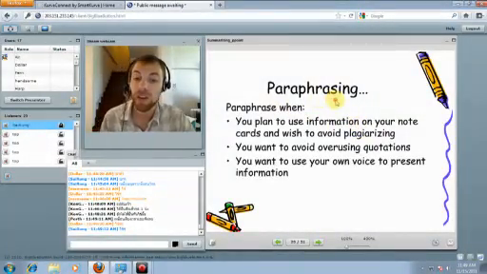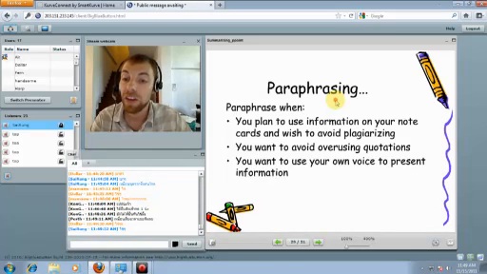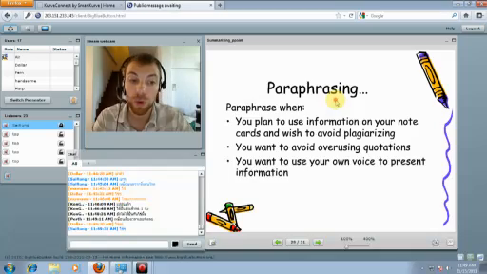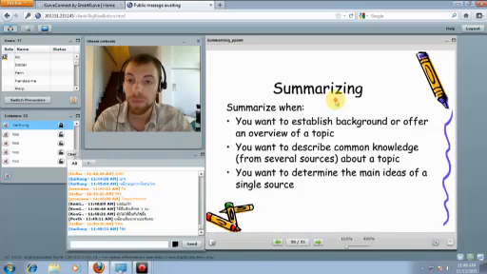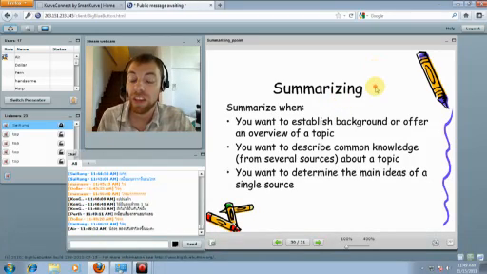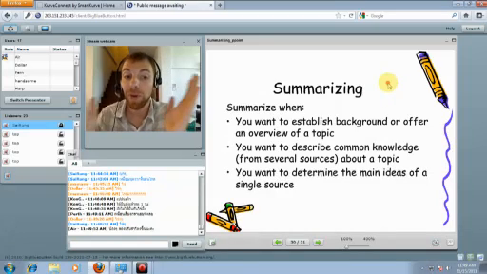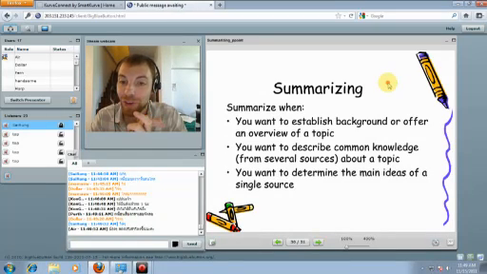And paraphrasing is taking another idea and changing it to make it your own idea. And summarizing is taking something very big and making it very short.